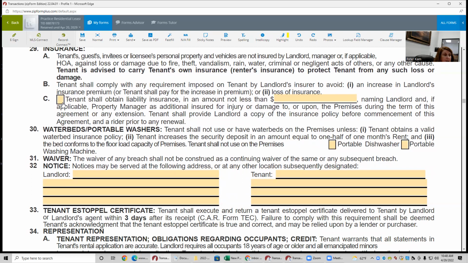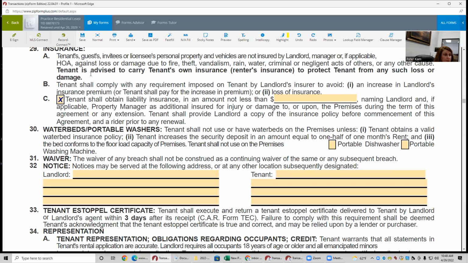Here you can check the tenant shall obtain liability insurance in an amount not less than. Ask the landlord if they would like the tenant to obtain their renter's insurance and provide them a certificate by the commencement date. A lot of landlords want this now, and then the landlord will tell you an amount not less than, and it also specifies that they name the landlord or, if applicable, property manager as an additional insured.